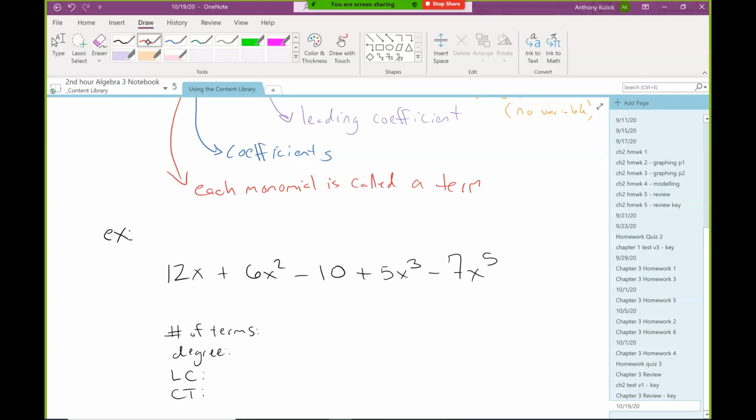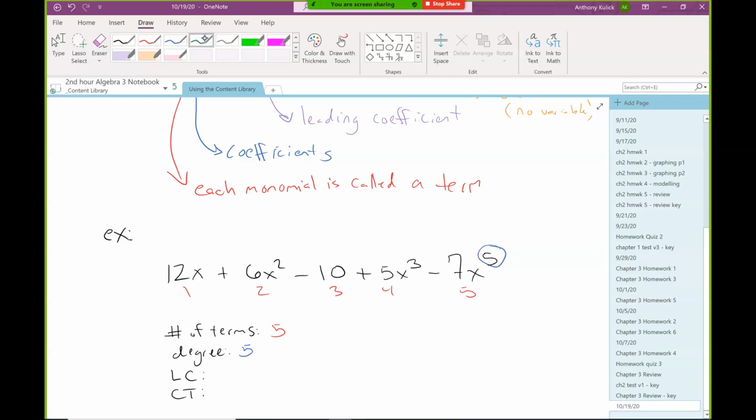So how many terms do we have here? 5, good. Everybody agree with that? What's the degree? 5. Why? Because that's the highest exponent. Excellent. That's the biggest exponent.